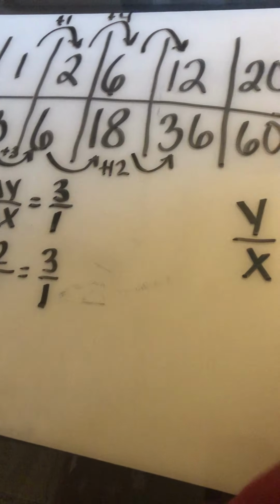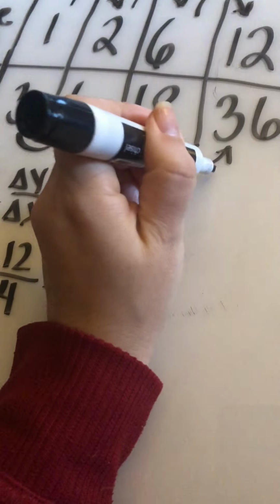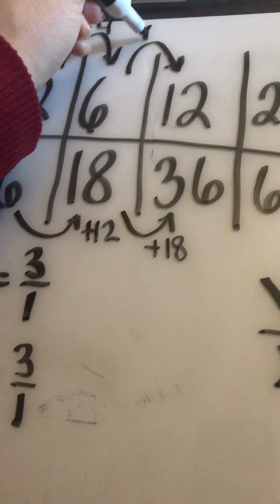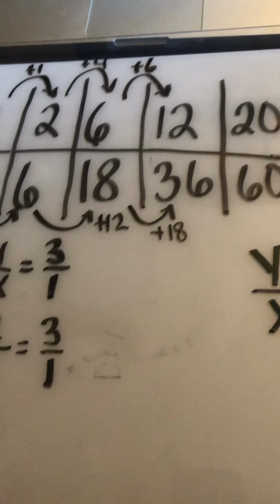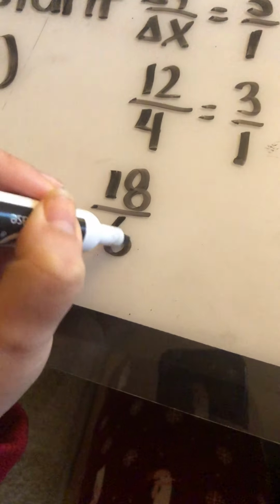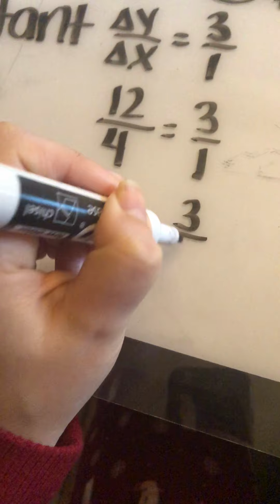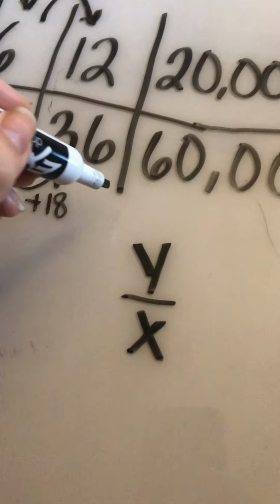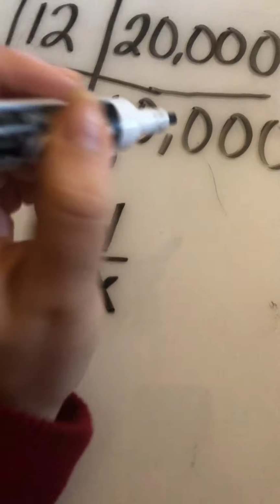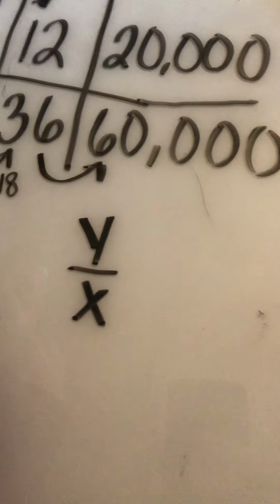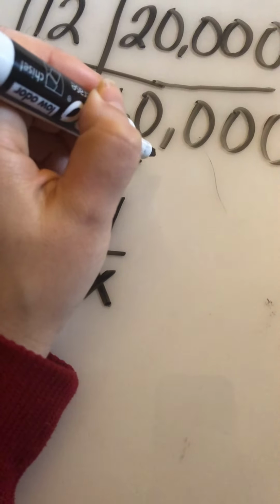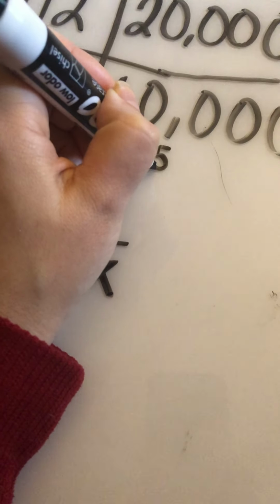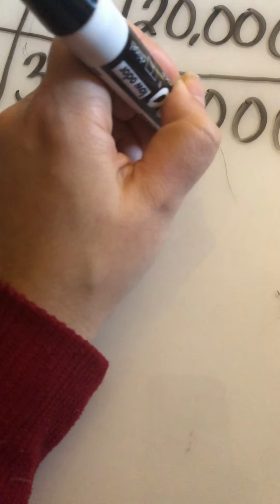From 18 to 36, it would have been plus 18. And then from 6 to 12, it would have been plus 6. So we would have 18 over 6, which again reduces to 3 over 1, so we're still good. And then this last one was a big jump. I already did the calculation. From 36 to 60,000, it would have been plus 59,964.